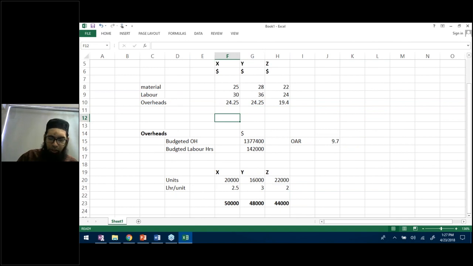And now if I total it, this will be my product cost per unit. Let's copy and then paste it. This is the product cost per unit using absorption. Right?